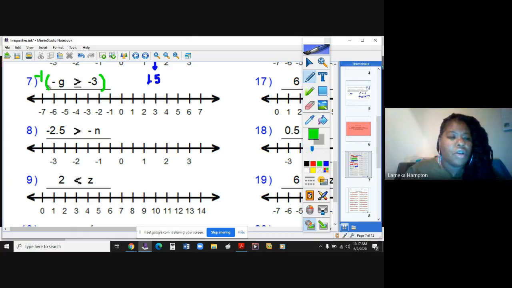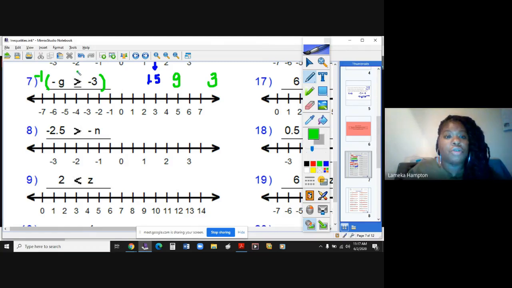When I multiply -1 times -g, that is going to give me a positive g. -1 multiplied by -3 gives me a positive 3.